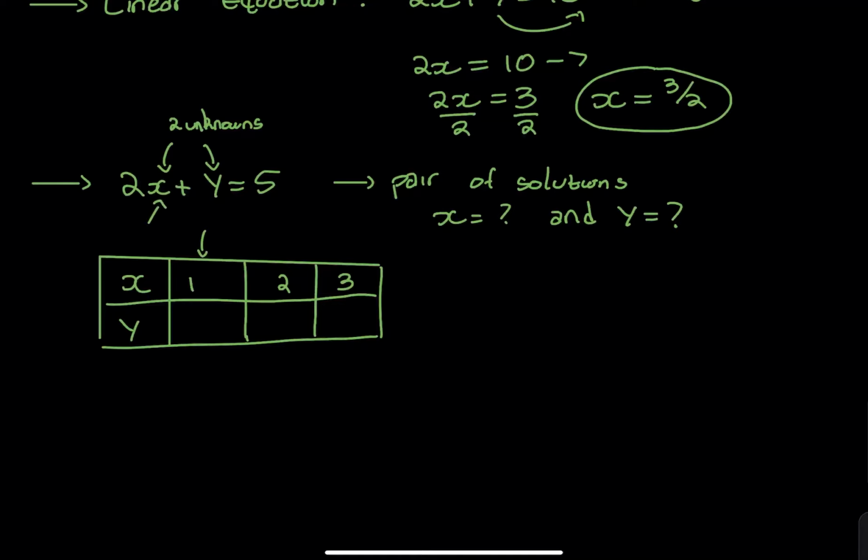I'll get 2 times 1 plus y is equal to 5. Now you're left with one unknown, so you can solve for y: y is equal to 5 minus 2, and y is equal to 3. So we know that y is equal to 3. This is a pair of solutions.